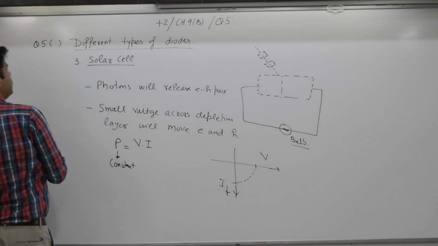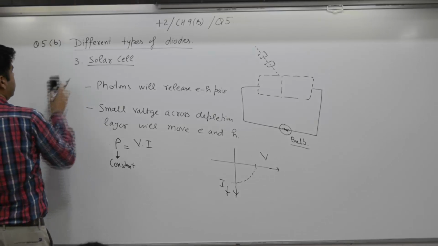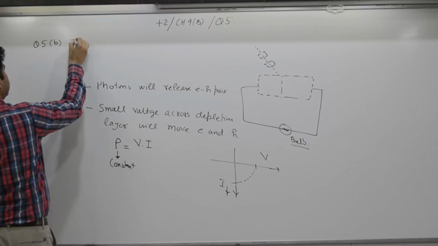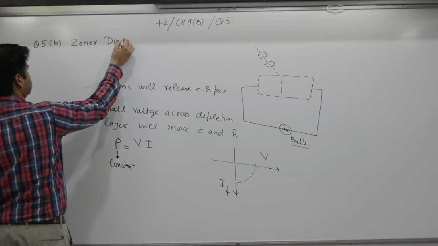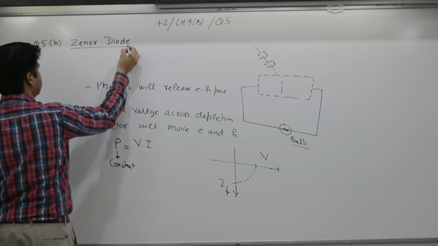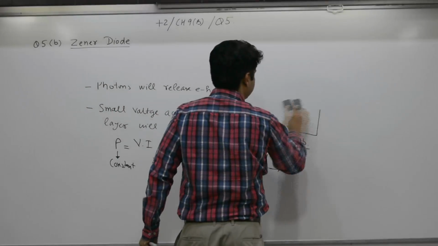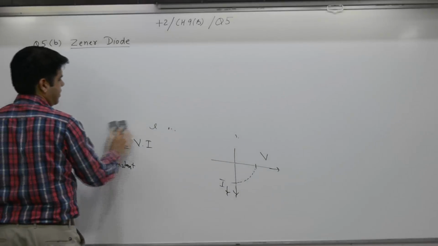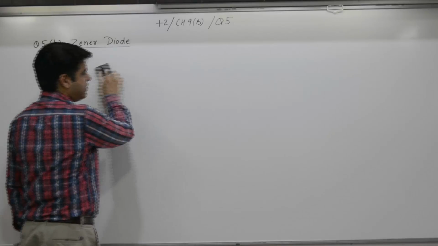B part is what? Diode below, Zener diode. Function below. What does the Zener diode do? How is it different from other diodes?